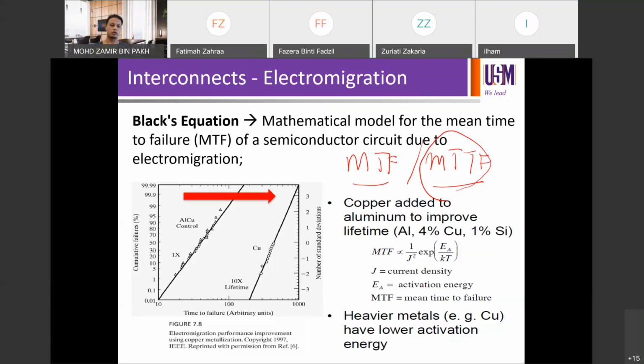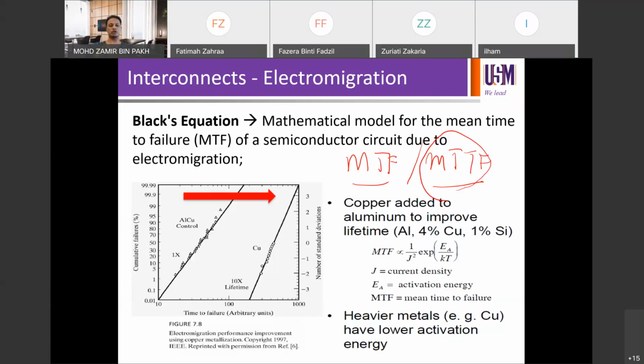Mean time to failure is still low. If you compare to pure aluminum, it should be further left. Pure aluminum should be on the far left, but it's not here in the graph. Then aluminum copper comes in slightly shifted to the right because of the addition of copper, which prolongs the lifetime or reduces the electromigration.